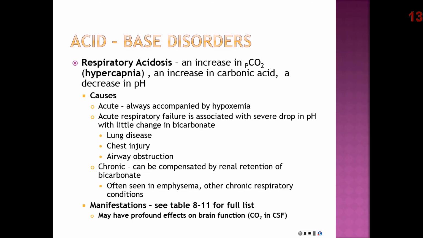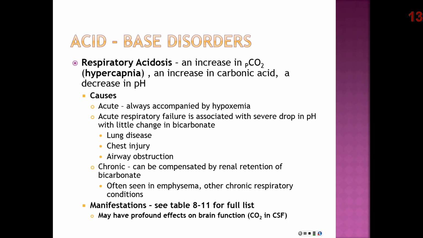So it's always accompanied by hypoxemia in acute states. Acute respiratory failure is associated with lung disease, chest injury, airway problems, anything that's affecting the lungs. Asthma and emphysema can be part of chronic compensations. The most profound manifestations, in Table 8.11 in the 4th edition, page 201, are effects on brain function.